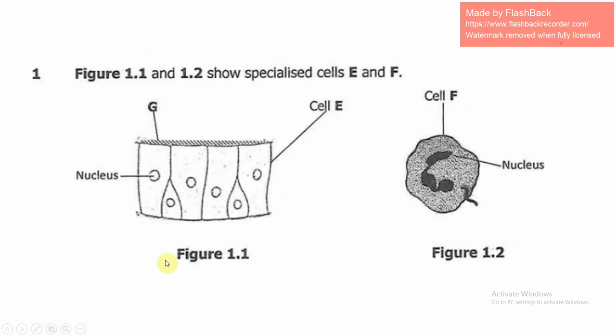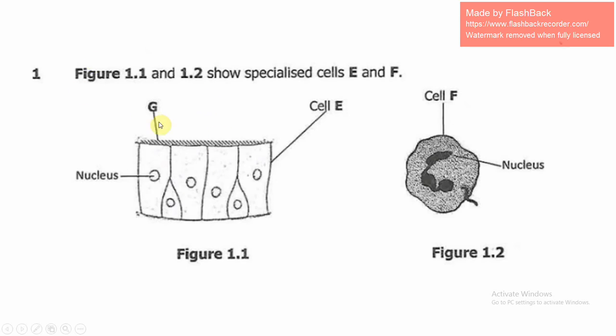So like the first cell, cell E, looking at its physical appearance, the way I can see it, it has the nucleus there, and there's this part which is labeled G. So this cell should be an animal cell, not a plant cell, reason being it has cilia.